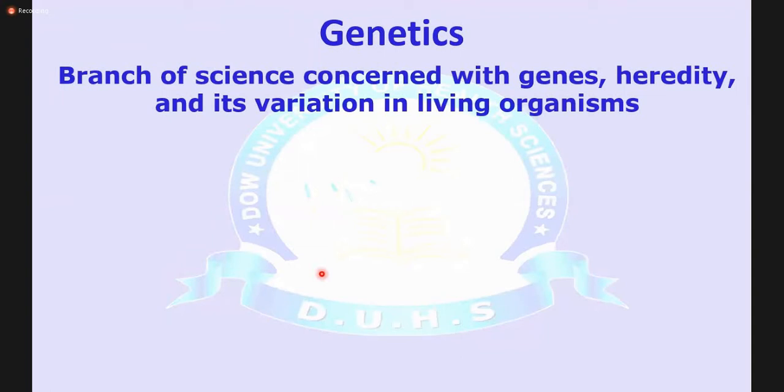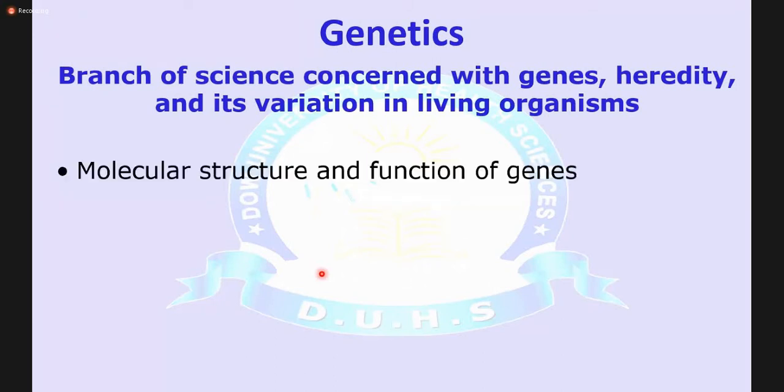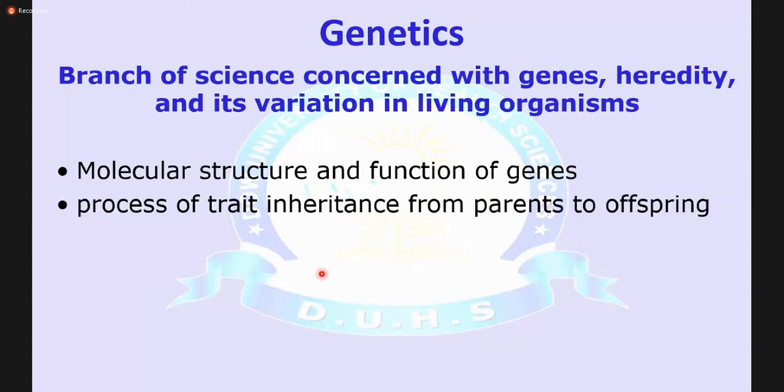After the discovery of the structure of the DNA by Watson and Crick in 1953, which was a momentous moment in science, a new branch of science developed, which is now known as genetics. In genetics, we study the molecular structure and functions of genes.